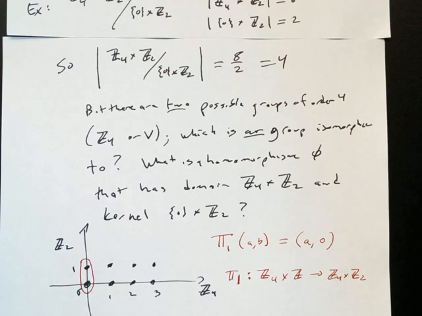What's the range? What's the image of this homomorphism?